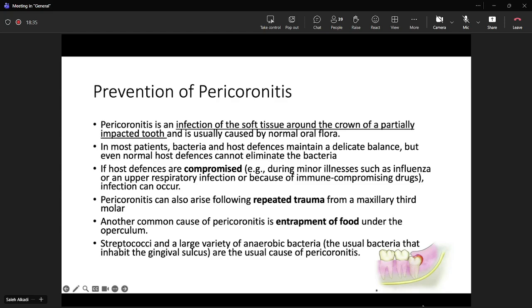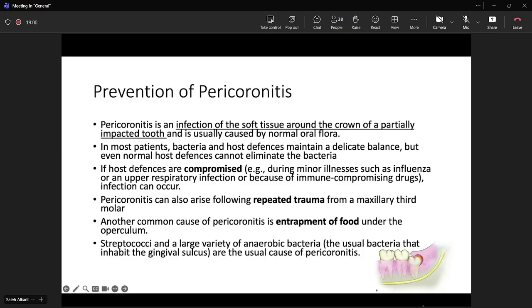And this infection is caused by the normal oral flora. Most of the time, we know that there is a balance between the bacteria and the host defense. Okay, the bacteria is there, the host defense is there, but there are no problems because of this balance. But this balance may sometimes be compromised if the host defense becomes compromised.